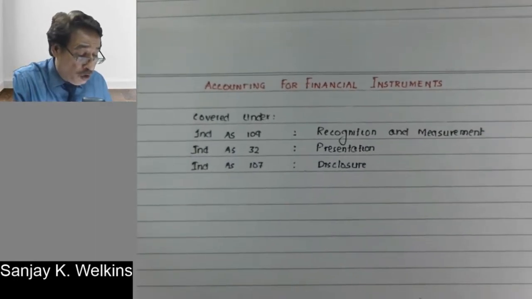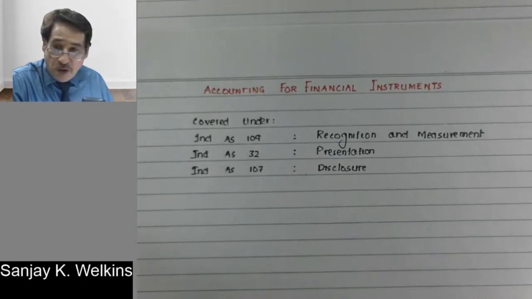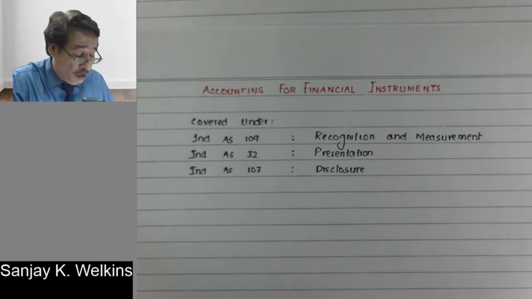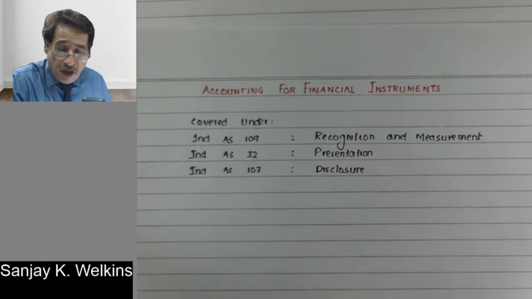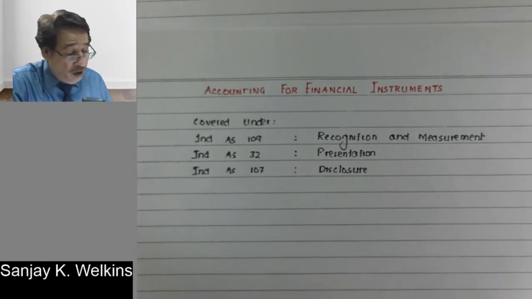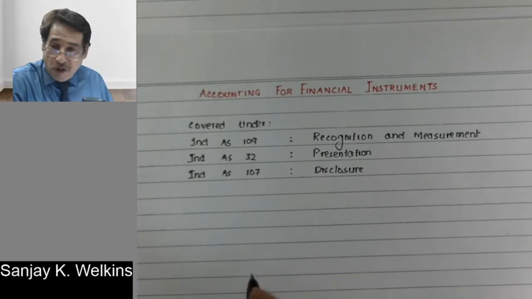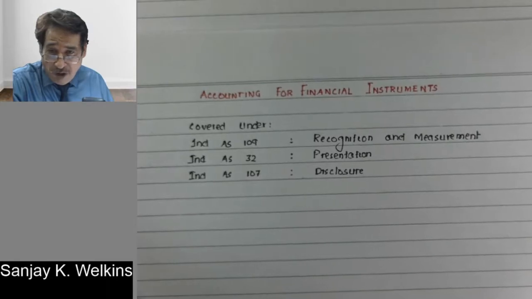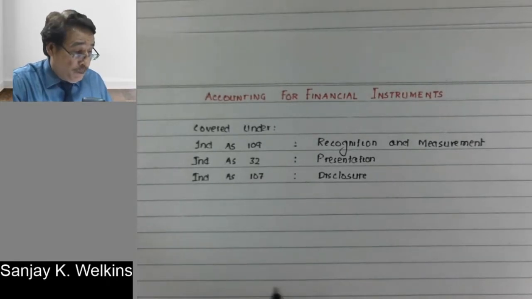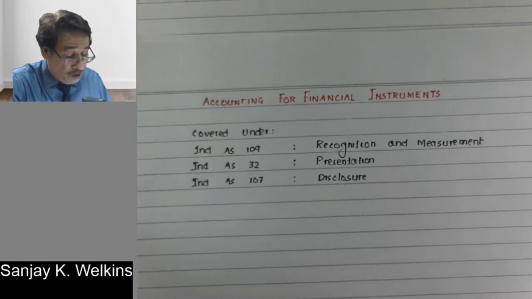It's a sort of new topic for us, because for most of the topics we have covered at this level, we were already aware of some of the basic part, but this is not the case with financial instruments. That is why it is considered a tougher part, so quite obviously, one needs to pay extra attention.